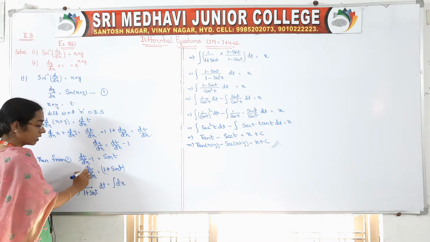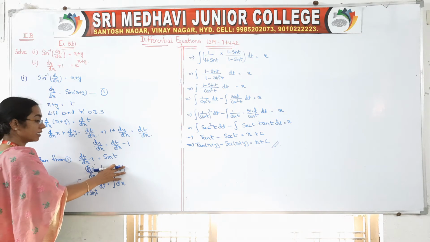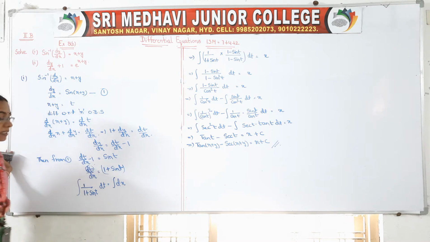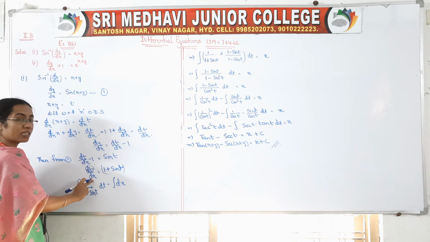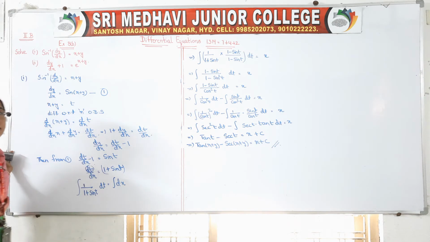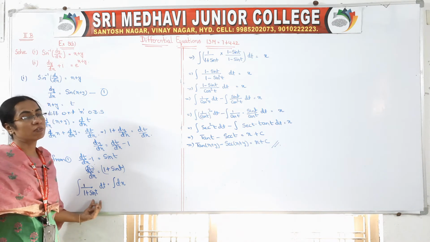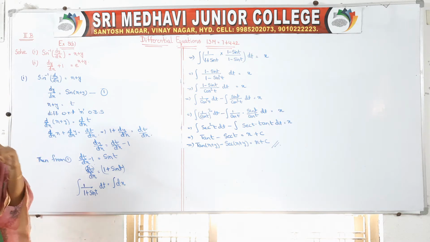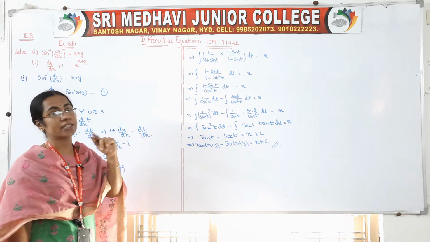So here dt is there. All the t terms should come along with the dt. That's why send this entire value to the other side. So 1 by 1 plus sin t dt is equal to dx, and on that side integral dx. Now already we solved how to solve integral 1 by 1 plus sin x dx in integrals. We multiplied and divided with 1 minus sin x.